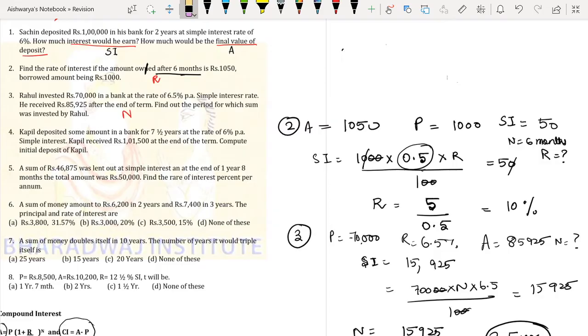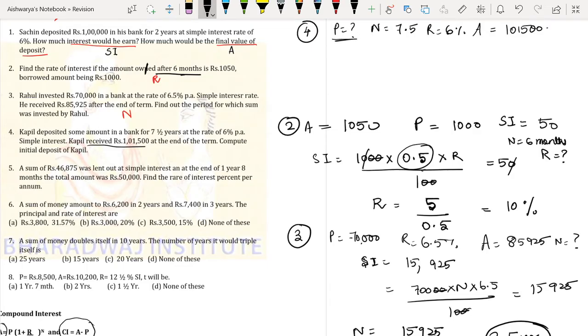Okay, so let's do the next one. That is question number 4. So he deposited some amount, we don't know how much, so principal is question mark, in a bank for 7.5 years. So N is 7.5, write it as 7.5. Okay, then your R is 6%, so write it as 6%. He received so much means amount. At the end of the term also it is being mentioned. So 1,01,500.